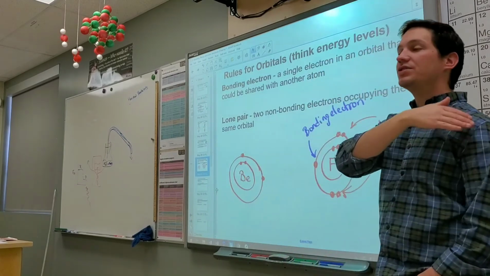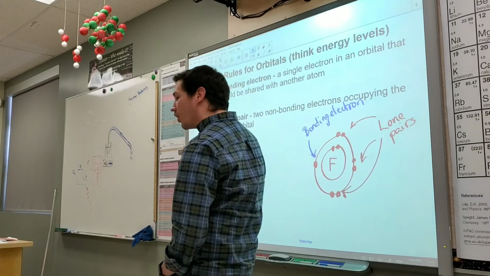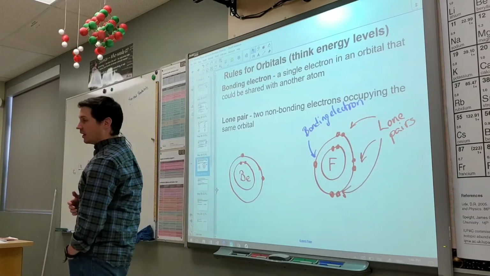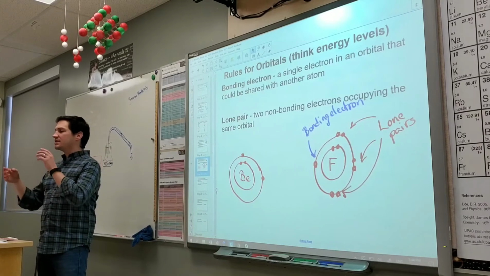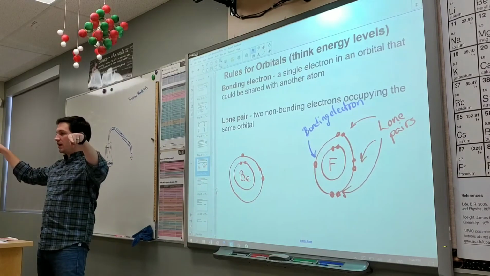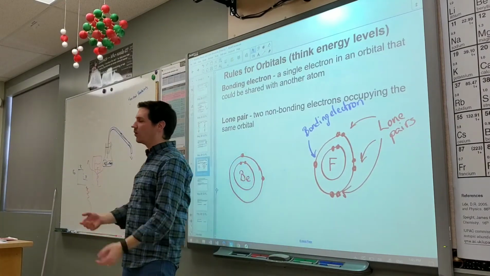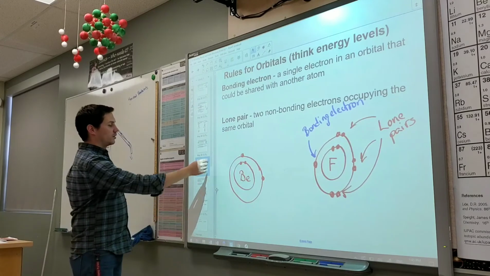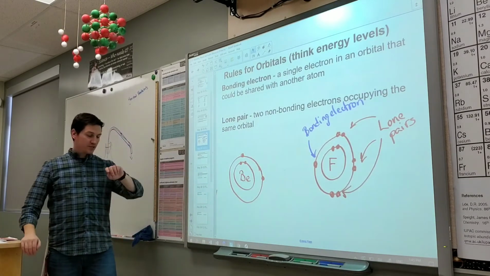These lone pairs don't contribute to bonding at all. They are not available for bonding because, remember, a bond is electrons that are being shared by 2 nuclei, right? And we can't share these 2 electrons. It's just not going to happen. Perfect. Any questions? Can we move on?